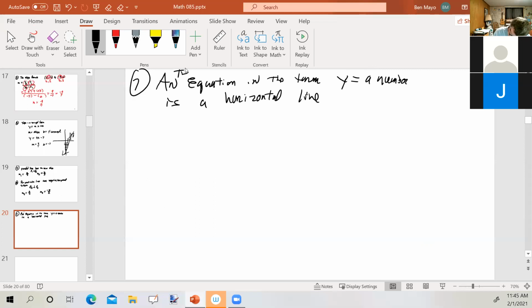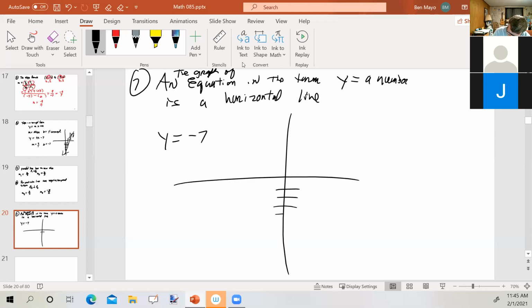So for instance, y equals -7 would look like that. Okay.